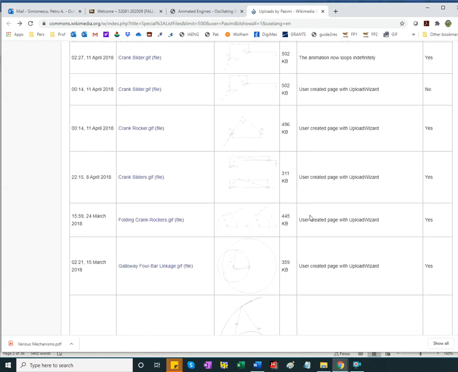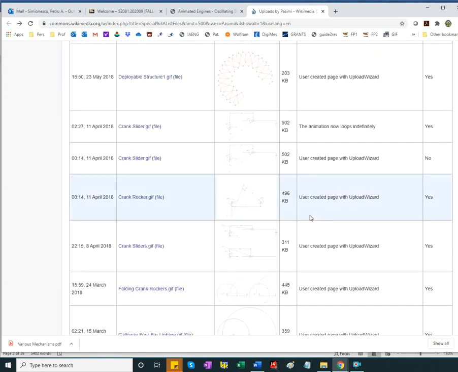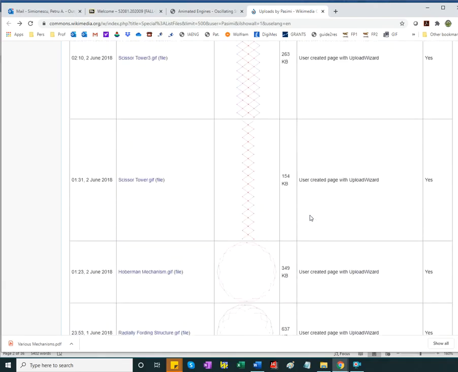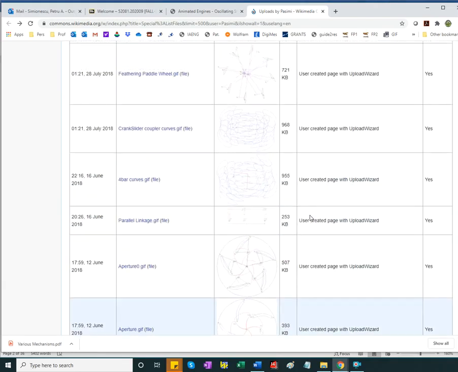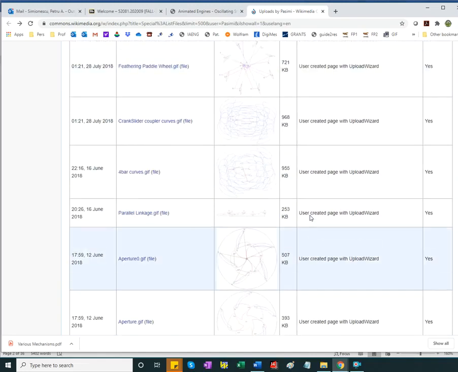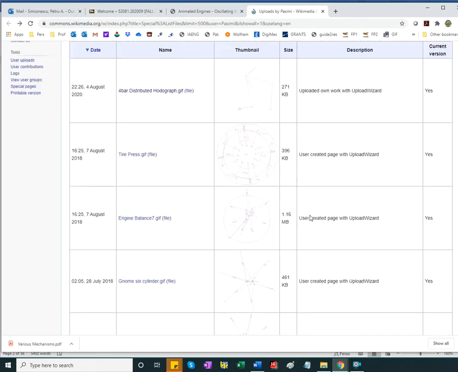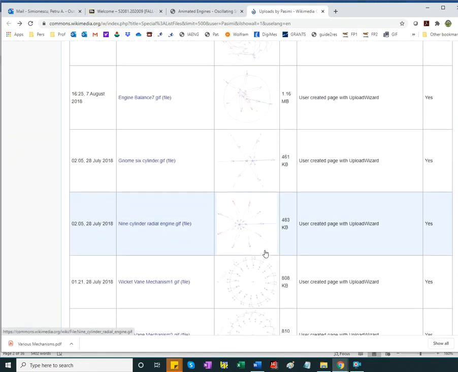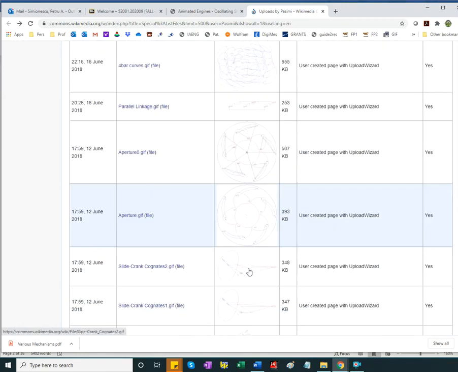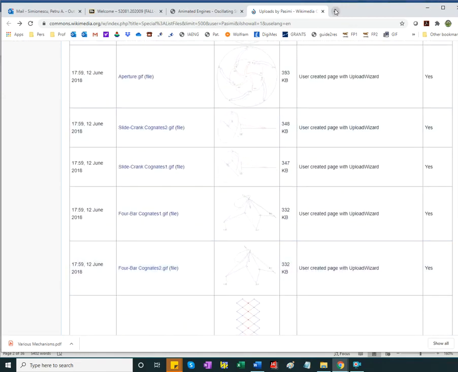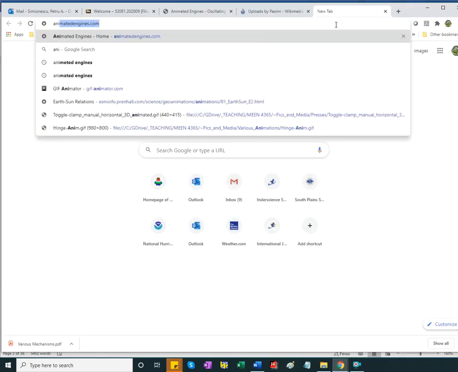I do have another Wikipedia account which bothered some folks, and they banned me from the site, where I do have the quick return. Let's see, animated GIF.